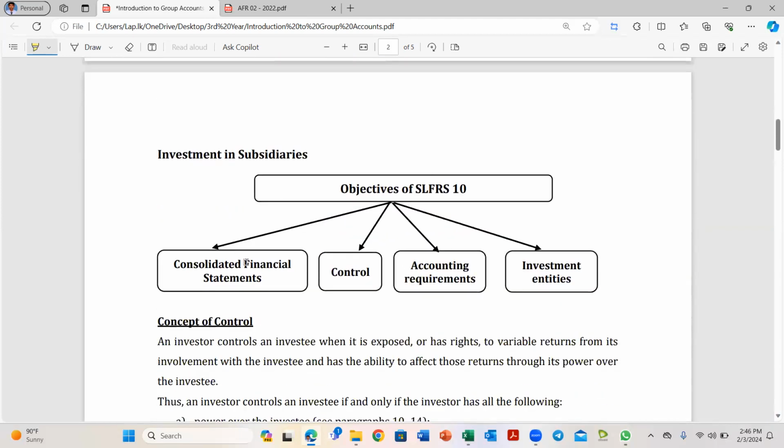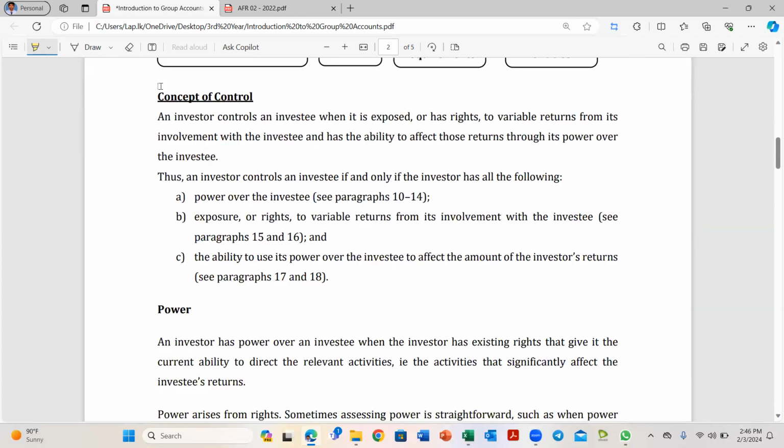So, the concept of control: an investor controls an investee when it is exposed to, or has rights to, variable returns from its involvement with the investee and has the ability to affect those returns through its power over the investee.